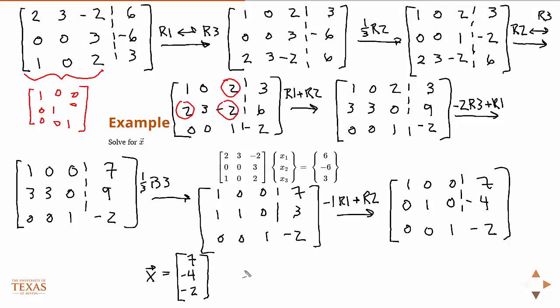Or, as we have it here, x1 is equal to 7. x2 is equal to minus 4. x3 is equal to minus 2. All right?